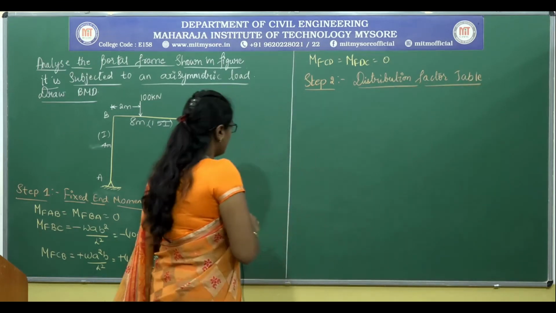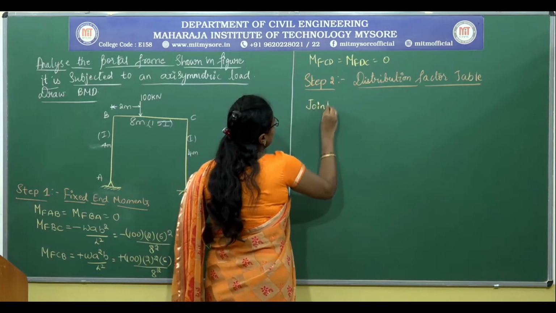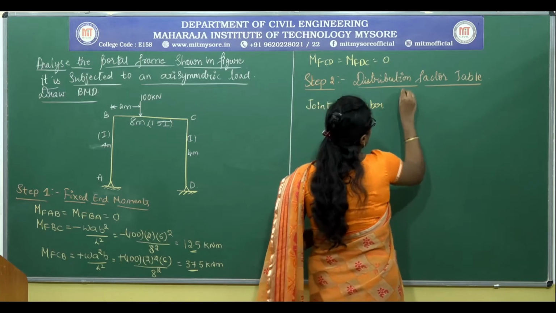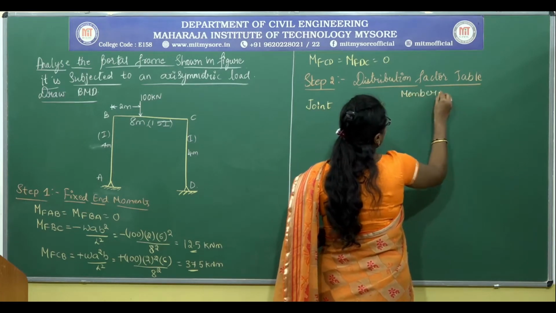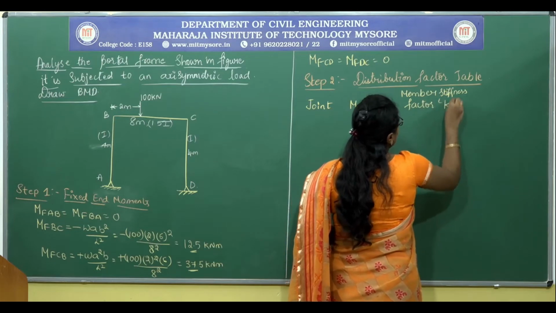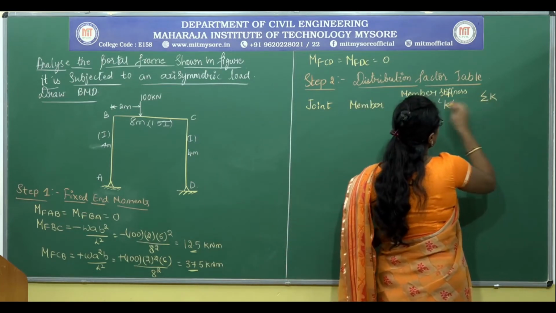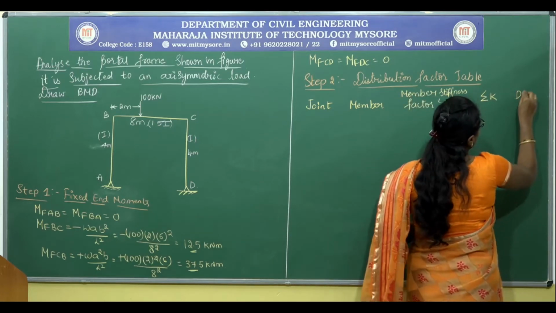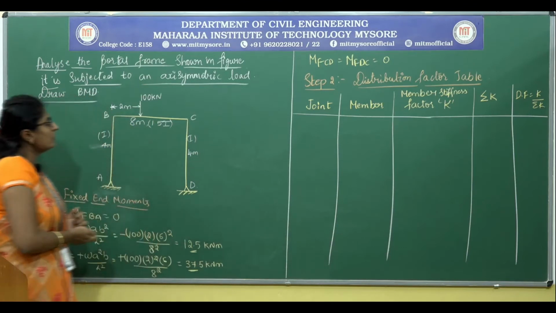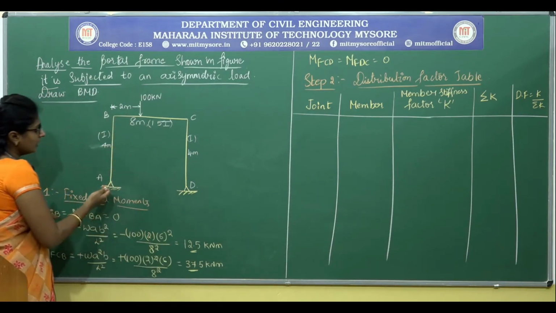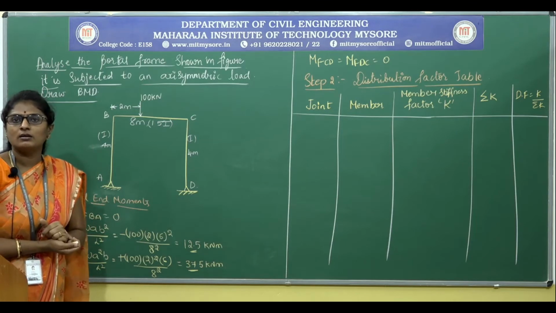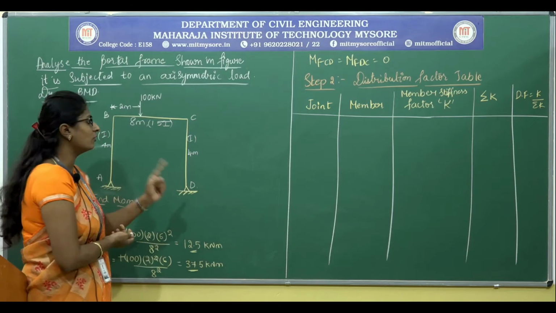For this we have joint, member, stiffness factor K, summation of all these stiffness, sigma K, and distribution factor equal to K divided by sigma K. Since we know that the distribution factor for a hinged support can be directly obtained as 1, which is explained in problem 1, we can directly consider the distribution factor for the hinged support as 1.